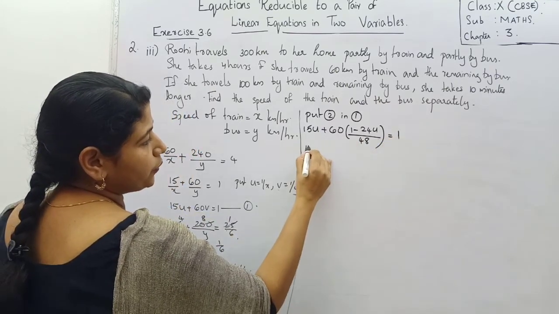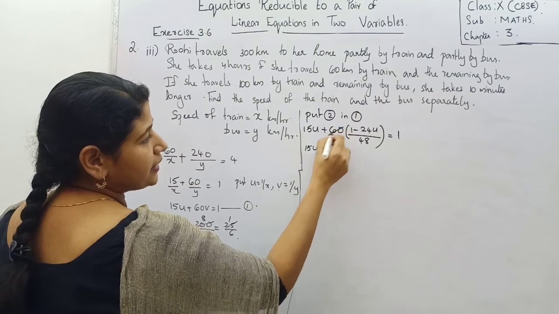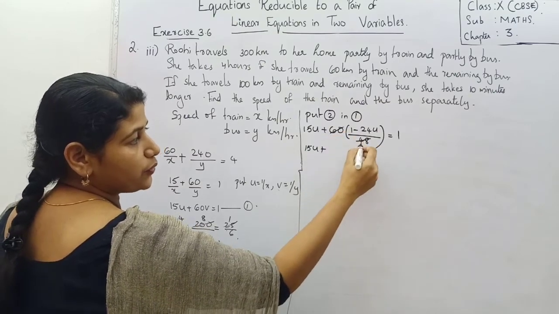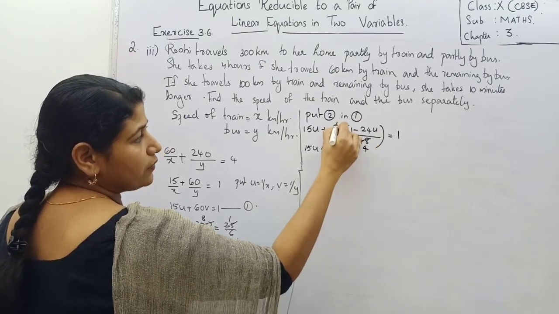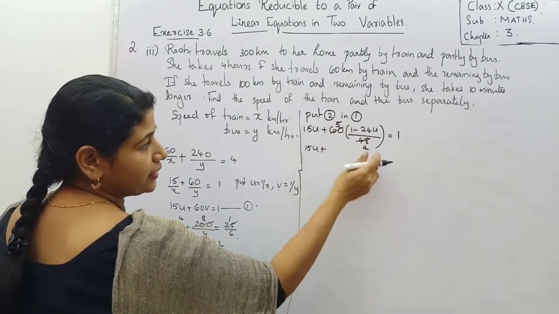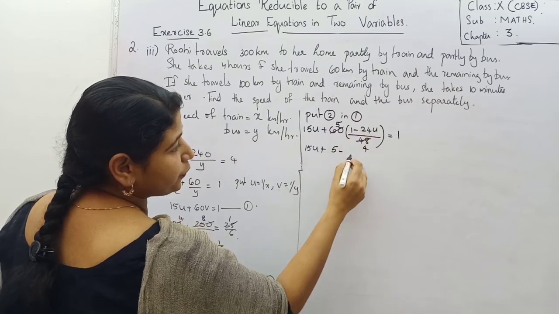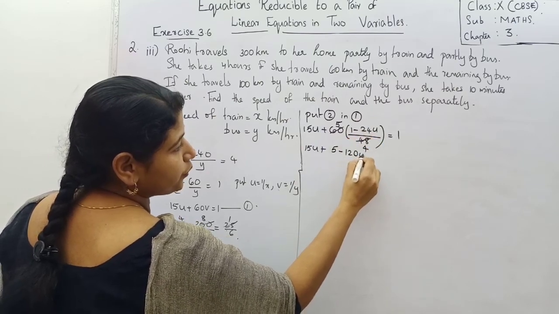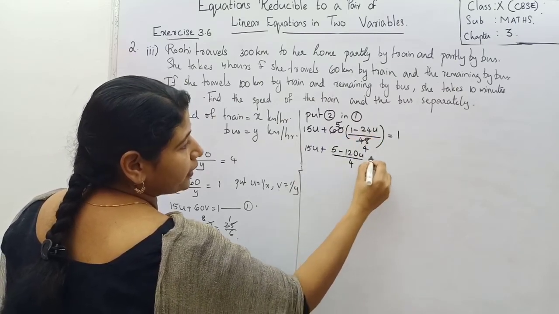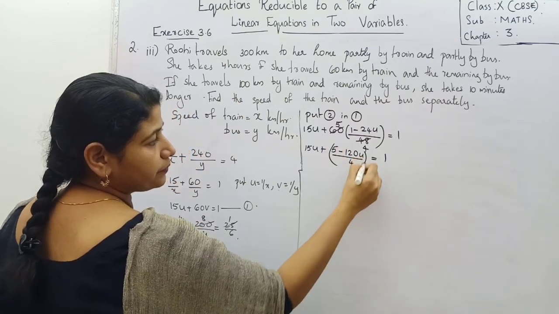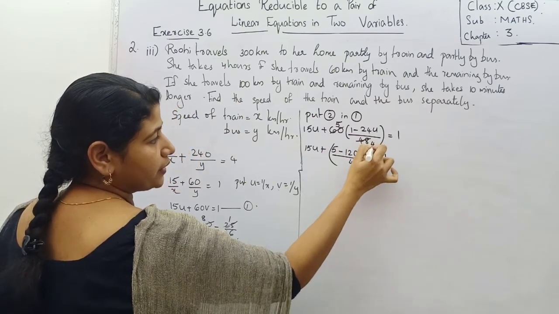So 15u plus this 60 and 48 are multiples of 12. 12 into 4 is 48 and 12 into 5 is 60. So we can write here 5 into 1 is 5 minus 24 into 5 is 120u by 4 equal to 1.